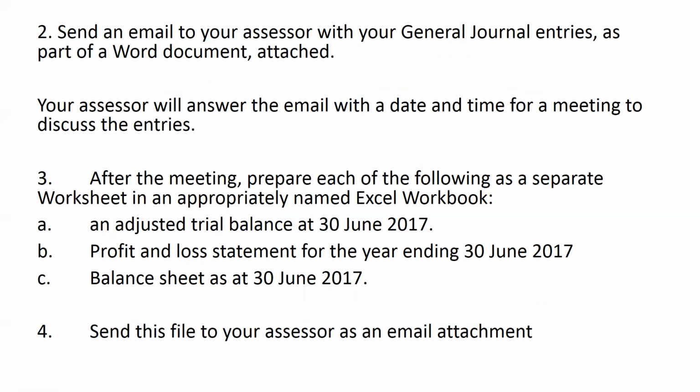So, I was asking you guys, do you know how to prepare the profit and loss statement? I'm hoping that by now, like in the last part of your assessment, we should be able to prepare the profit and loss statement, and we need to also know how to prepare the balance sheet. That's it. And when you finish this, you need to send me the email.